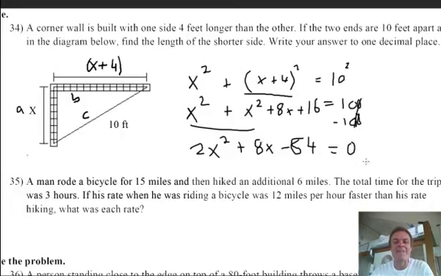Now, it's maybe going to be another quadratic equation formula, but at least for now, look, divide everything by 2. So this is what you'll have: x squared plus 4x minus 42 equals 0.